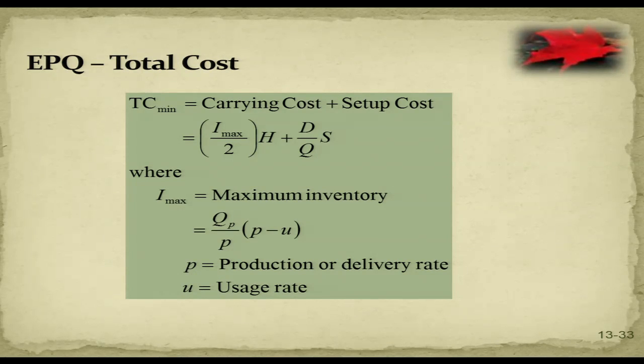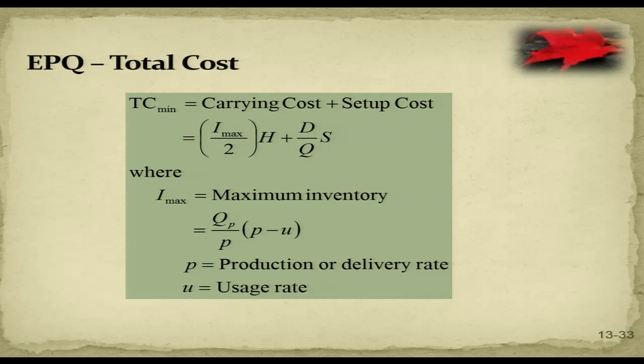Think about it: let's say you want to produce 1,000 and then stop, and your production rate is 200 units per day. Then 1,000 divided by 200 equals 5. What does this 5 mean? It's how many days you produce.